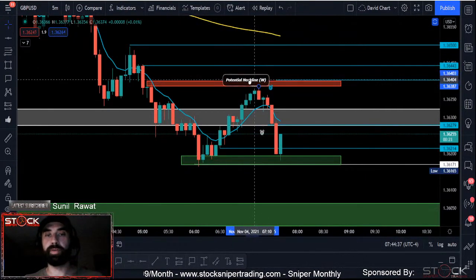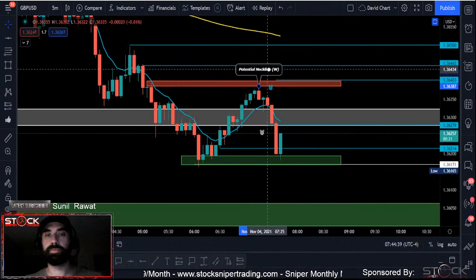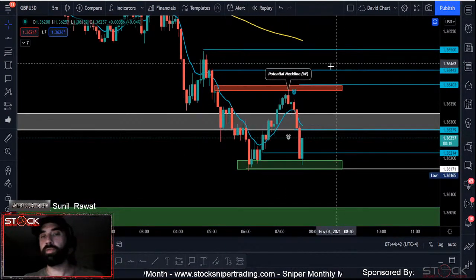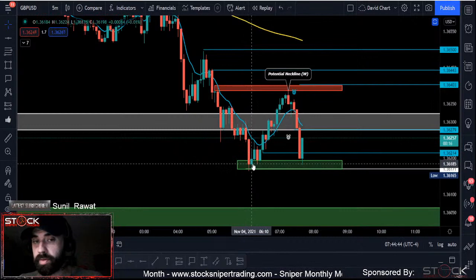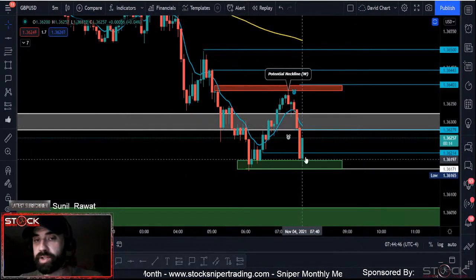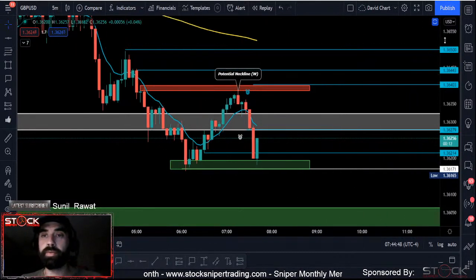Let's see what's going to happen here, okay? Familiar with the terms double bottoms? One touch, resistance, two touch, walking its potential way up, okay? We'll go check out gold.